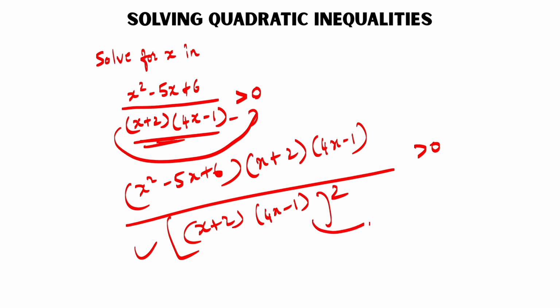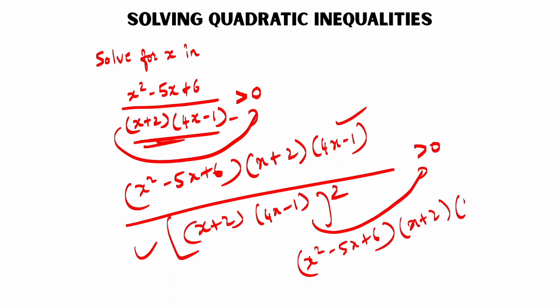Now we can bring this to the other side, right? So if we bring this to the other side, only the numerator will remain. Now what will be the numerator? It will be x square minus 5x plus 6 into x plus 2 into 4x minus 1. This will be greater than 0.